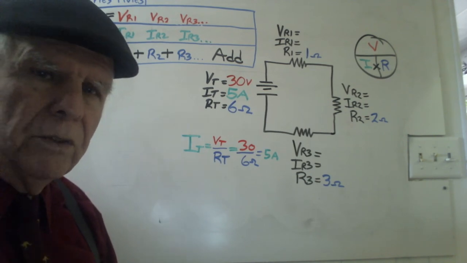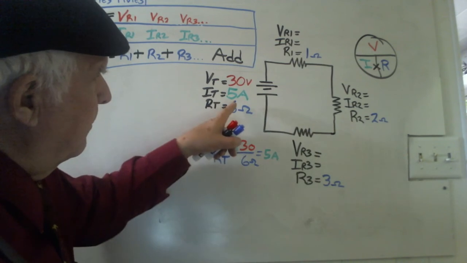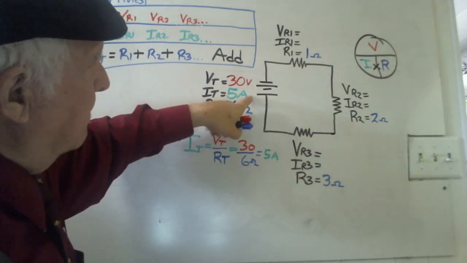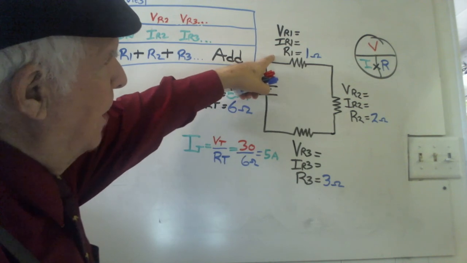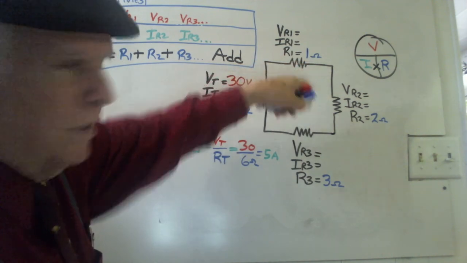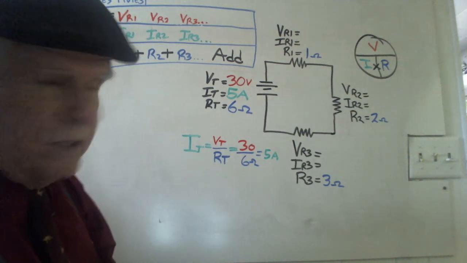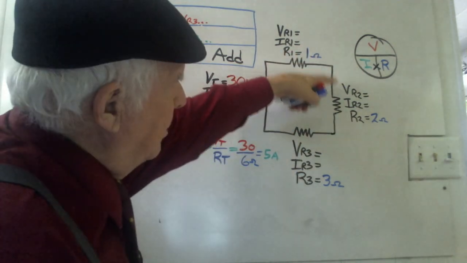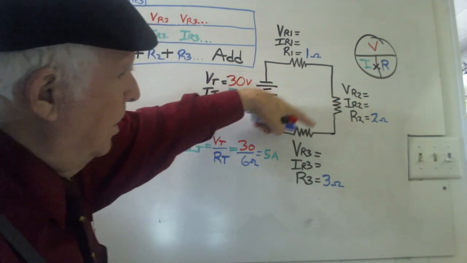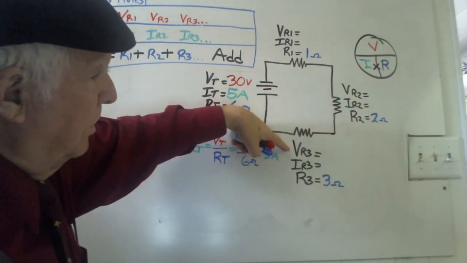Now what we want to do is figure out how much current we have on these others. If I have 5 amps leaving the battery here, how much of it is going through this resistor up here? 5 amps, of course. And then if it goes from here, how much is going through this one? Again, 5 amps. Then I go through this one here.